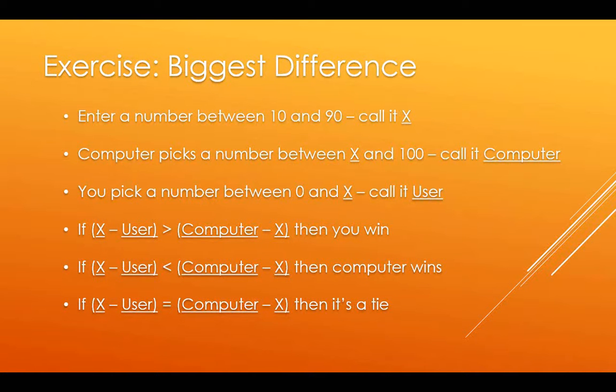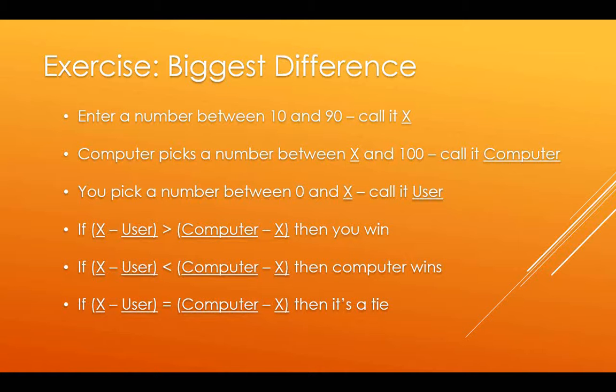Alright, so now we're going to do an exercise. Using our newfound knowledge, we're going to enter a number between 10 and 90, call it x. Everything here that's underlined, x, computer, and user, are all variables, so you're going to have to create 3 variables. The computer gets to pick a random number between x and 100.